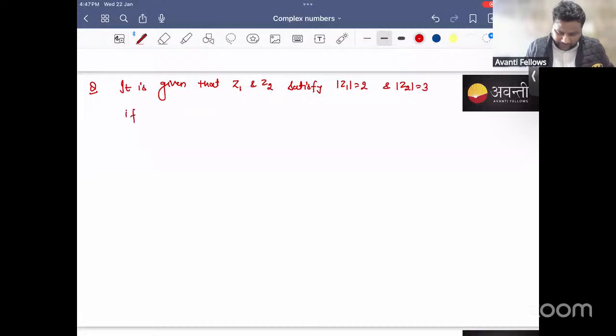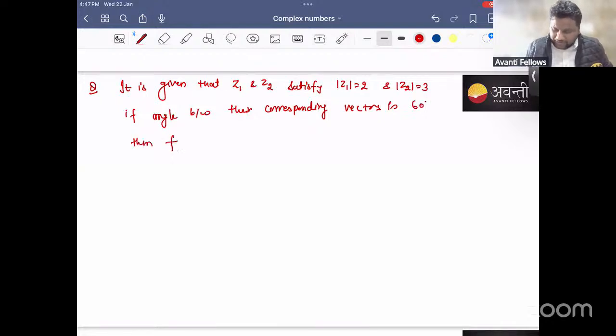If the angle between their corresponding vectors is 60°, then find the value of magnitude of Z1 plus Z2 upon Z1 minus Z2.